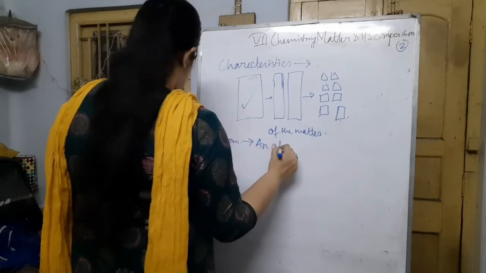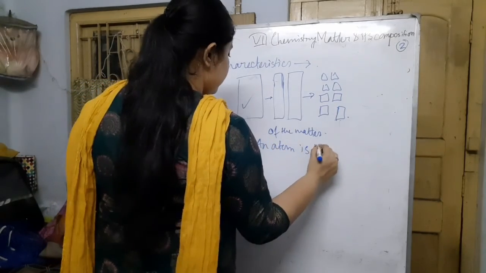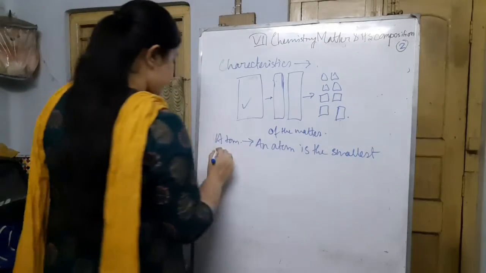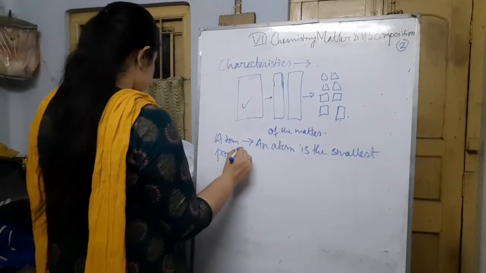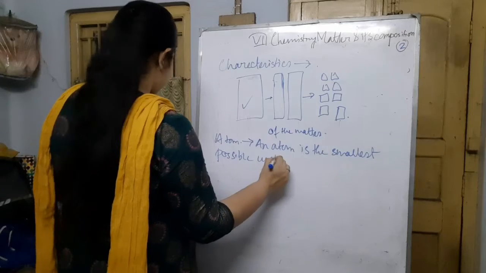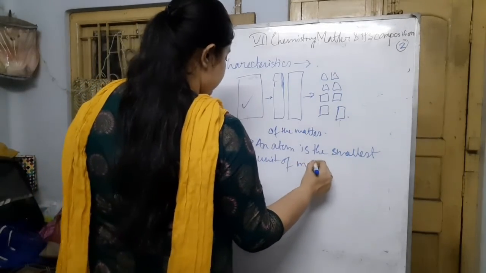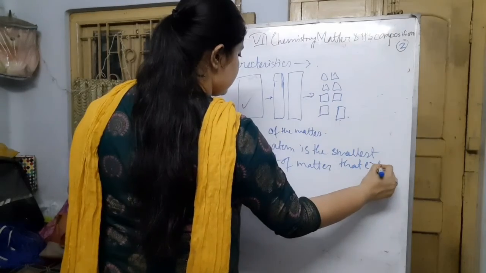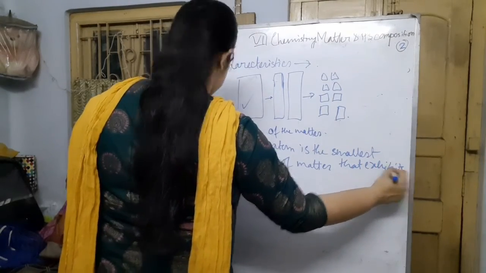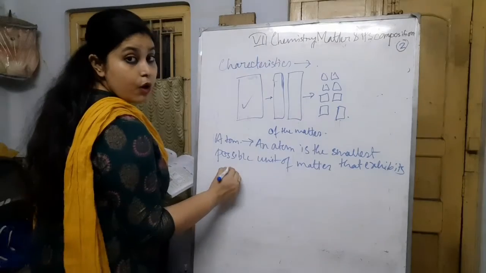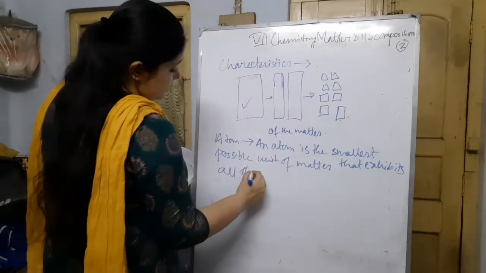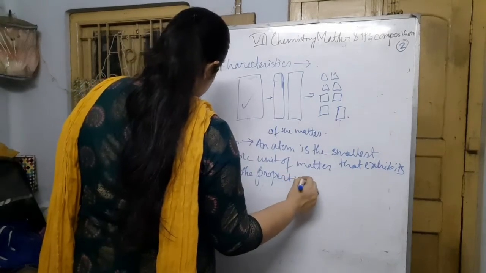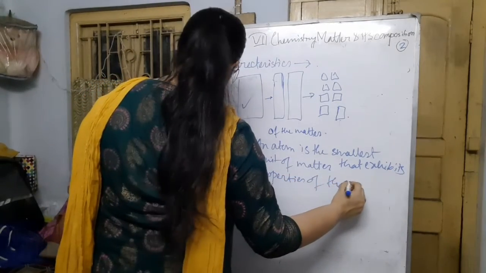An atom is the smallest possible unit of matter that exhibits all the properties of the matter.